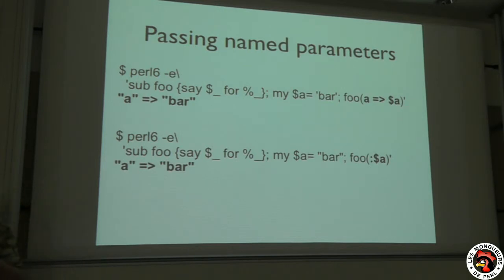Because often you create local variables in your subroutine with the name of the named parameter you're going to pass to another subroutine. Right? So you can specify it here just like that. So basically, colon $var is actually var, fat comma $var.